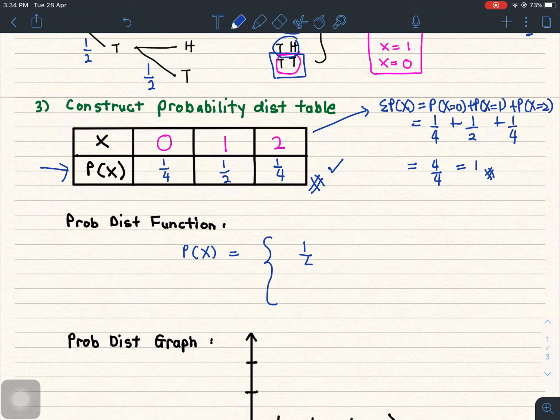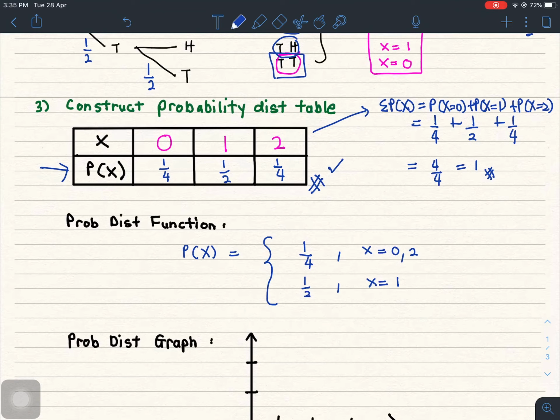So put 1/4, and another one will be 1/2. Now, when does it happen that the probability is 1/4? It happens when X equivalent to 0, and also at 2. So put 2. When does the probability equal 1/2? When X is equivalent to 1.